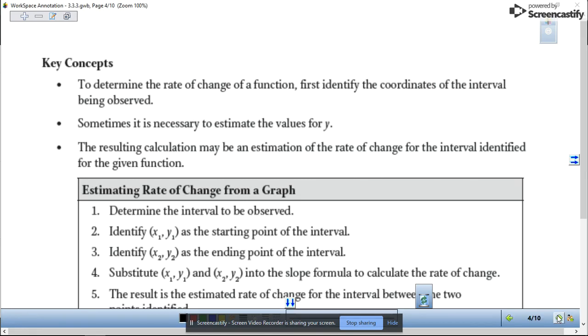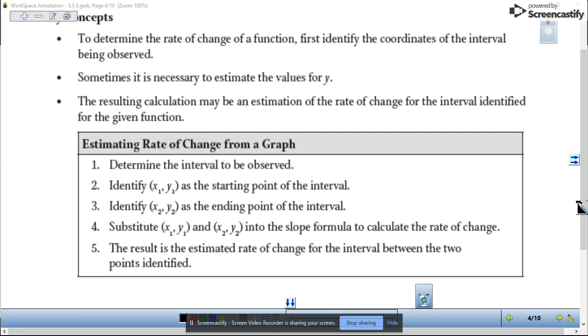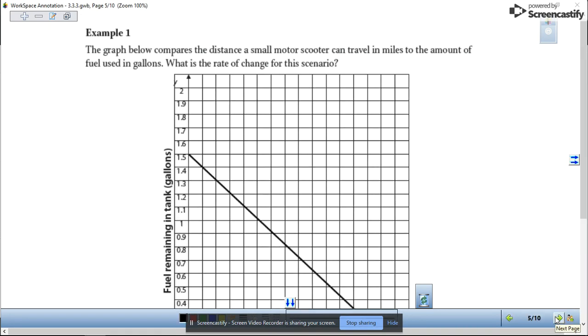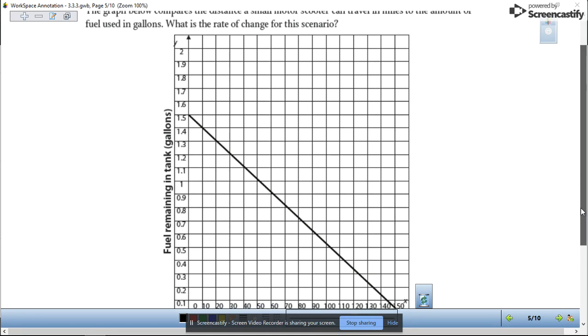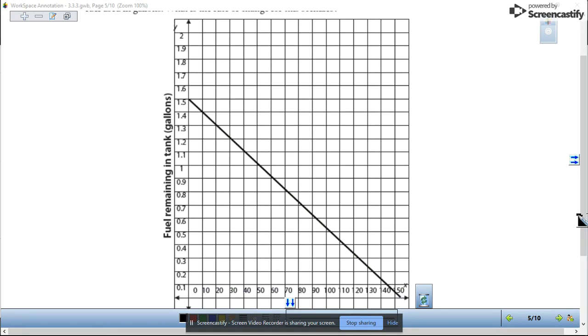Alright, so key concepts, make sure you read through those. We'll be using the slope formula to do this between 2 points. So make sure you identify x1, y1, and x2, y2, starting and ending points. And this is average rate of change. It's not going to be a perfect rate of change unless it's a linear function, like this first example here.